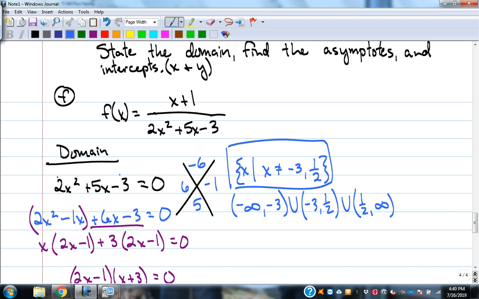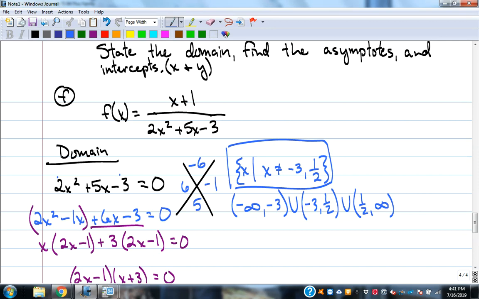And I believe on your quizzes, that's the way it's going to be. I can't guarantee on the final that they won't have it in interval notation. So if you got it in set notation, be able to convert it to interval notation. But I'm okay on the labs and stuff with you just writing your domain in set notation just because it's shorter. You're going to be doing quite a bit of work on each problem, so it takes a little while.